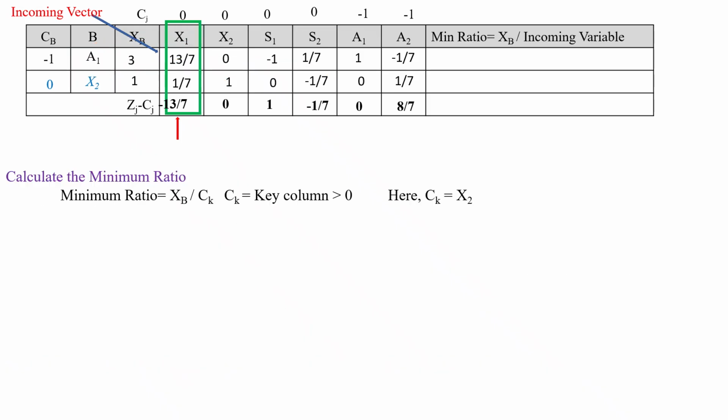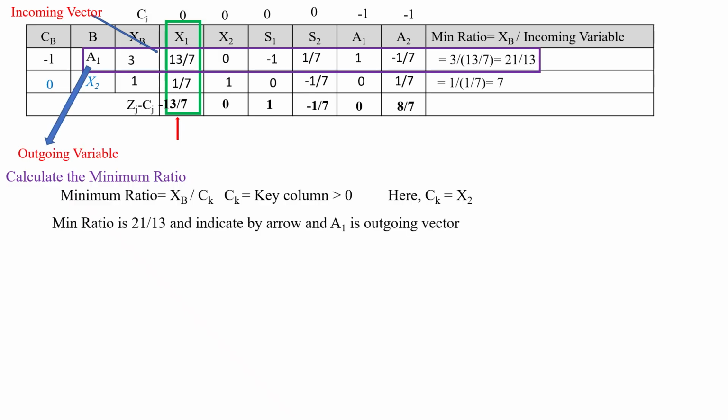Next we have to calculate the minimum ratio of xb divided by coefficient of incoming variable. That is 3 divided by 13 by 7, which means 3 into 7 by 13, that is 21 by 13. And next 1 divided by 1 by 7, it is 1 into 7, it is 7. Among these two, the minimum ratio is 21 by 13 for the A1 row, indicated by an arrow, and A1 is the outgoing variable, outgoing vector.